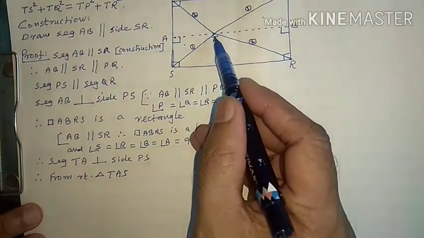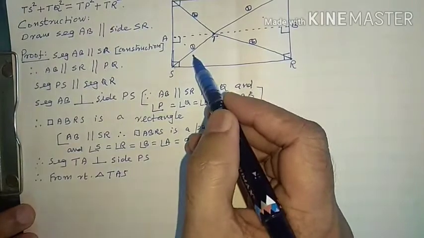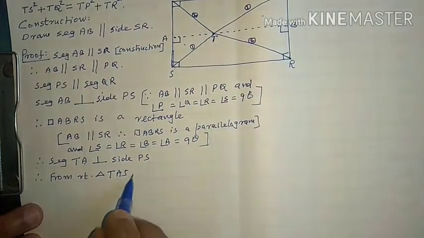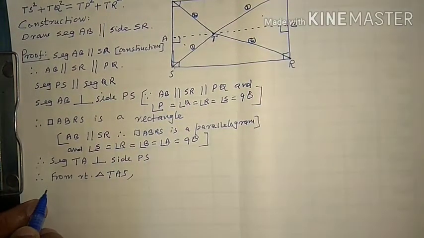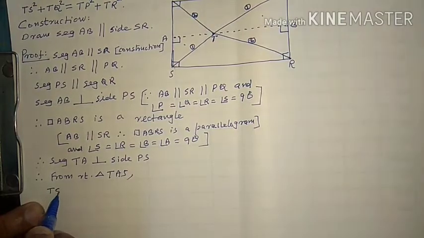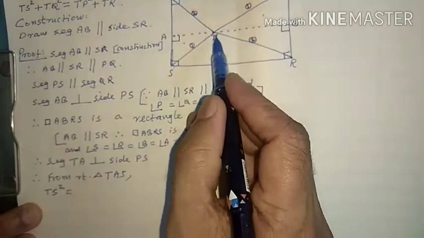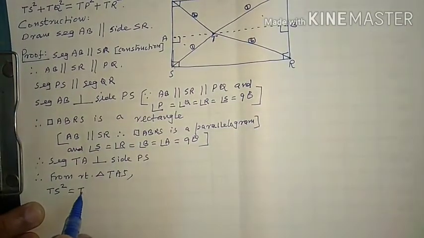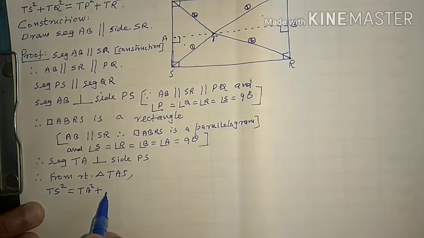from right triangle TAS, we use Pythagoras theorem. That is TS square is equal to TA square plus AS square.